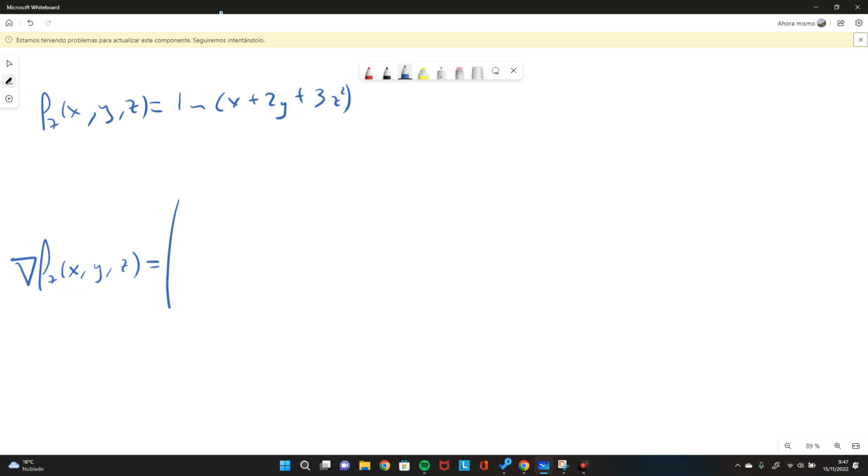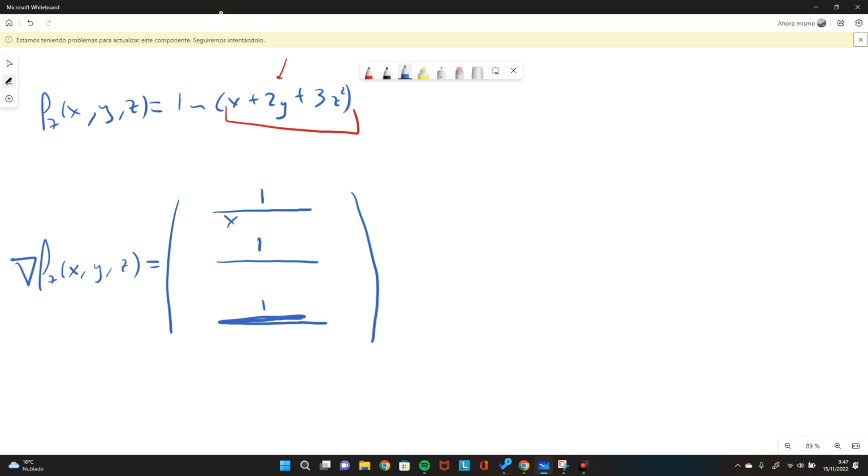In this case, look, this is always the same. This is just 1 divided by whatever is inside here all the time, because this is a function of x, y, and z. So all the time it's going to be the same, boom, boom. But this is always x plus 2y plus 3z squared, x plus 2y plus 3z squared, x plus 2y plus 3z squared.